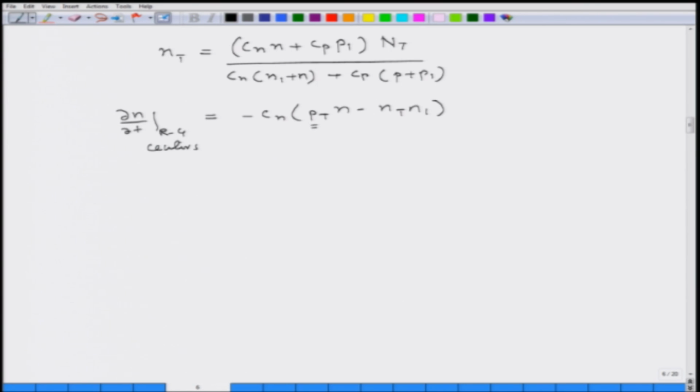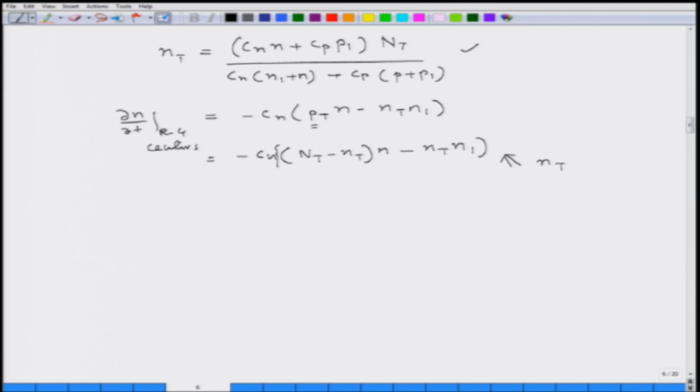Now, I have the expression for n_t. So, I would write this as minus C_n (capital N_t minus small n_t) n_t n_1. And in this, I substitute the expression for n_t. I substitute this expression into this equation to find what would be my del n del t.